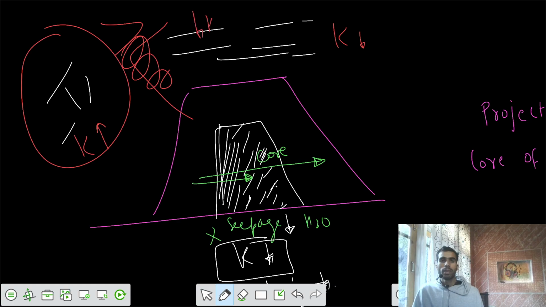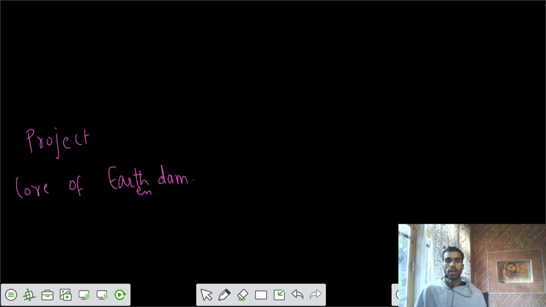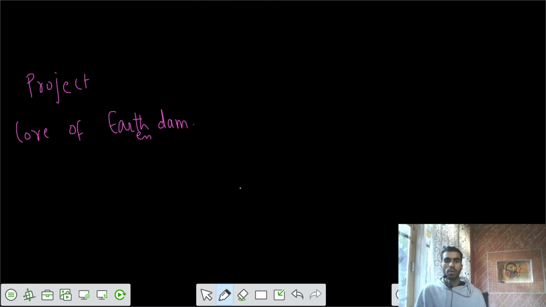So permeability in the vertical direction is less than in the horizontal. So for an earthen dam core, the soil should be compacted on the wet side of optimum.